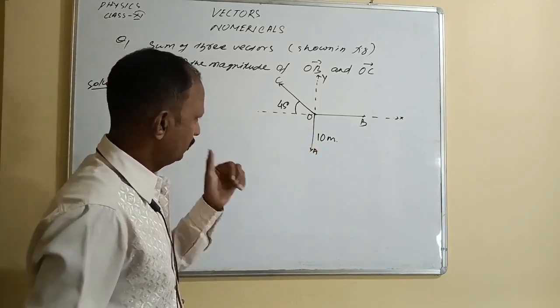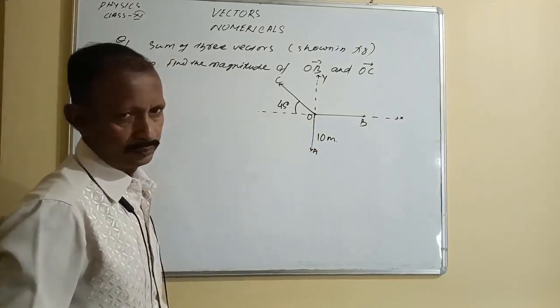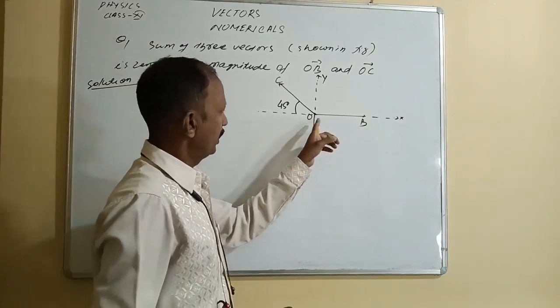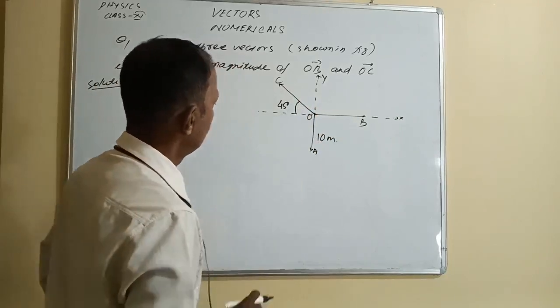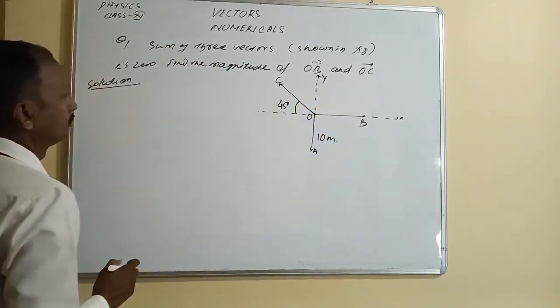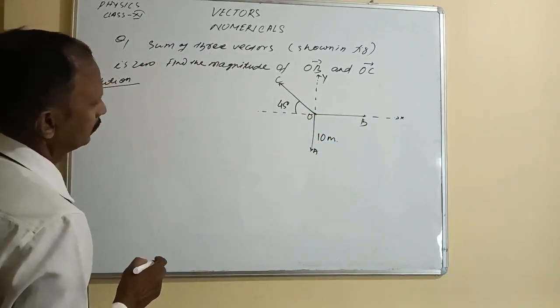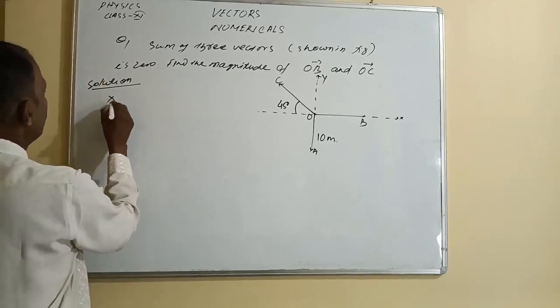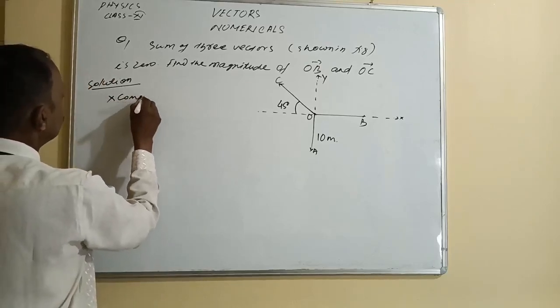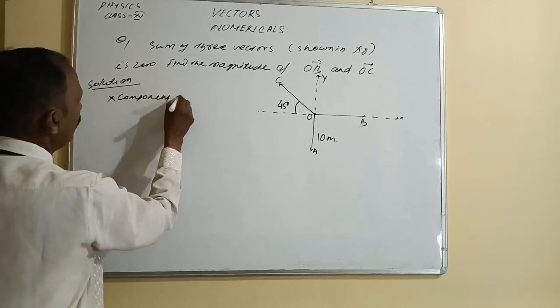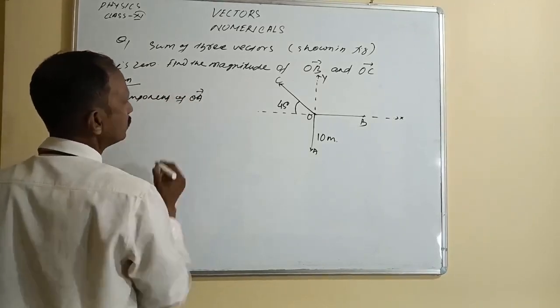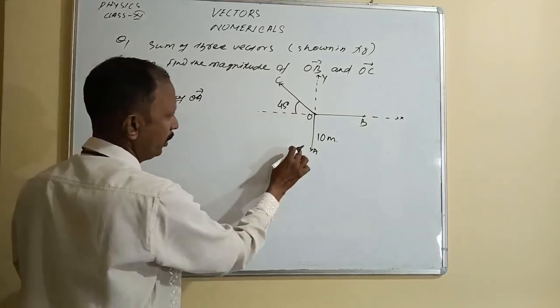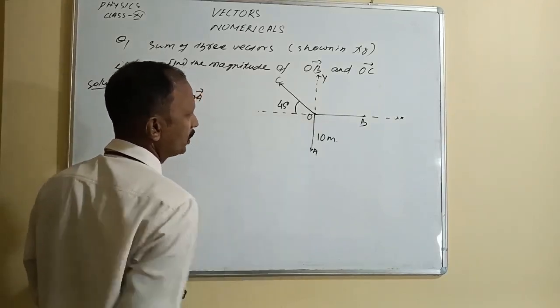So we'll start the solution. We'll first see vector OA, next vector OB, next vector OC. Now you see the x component of OA. The vector OA is making a 90 degree angle with OB.